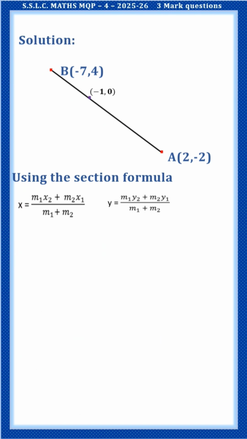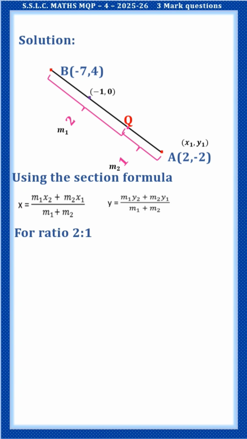Now let us find the coordinates of the point Q by using the same section formula. Here the point Q divides the line segment in the ratio 2:1. So here m1 is equal to 2, m2 is equal to 1, (x1, y1) is equal to (2, -2), (x2, y2) is equal to (-7, 4).